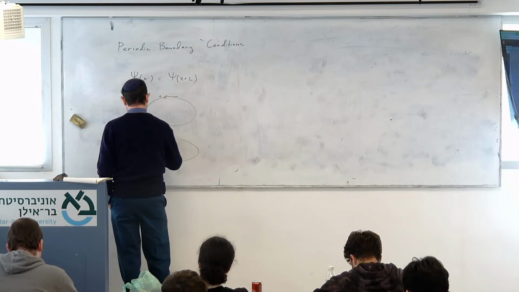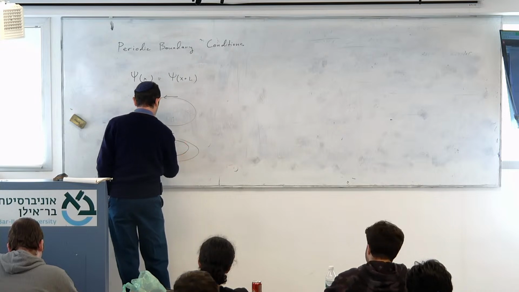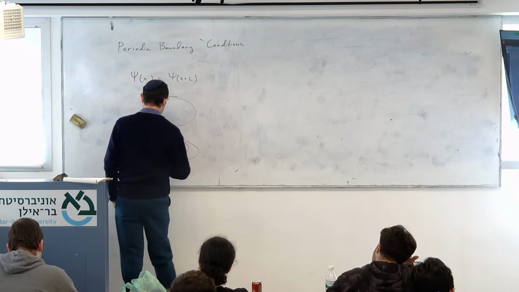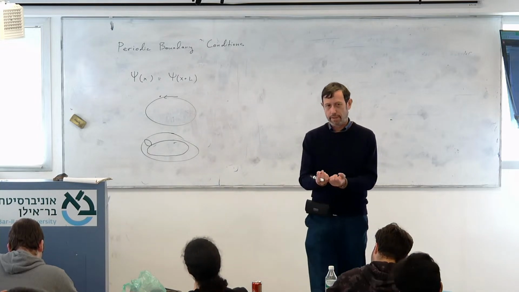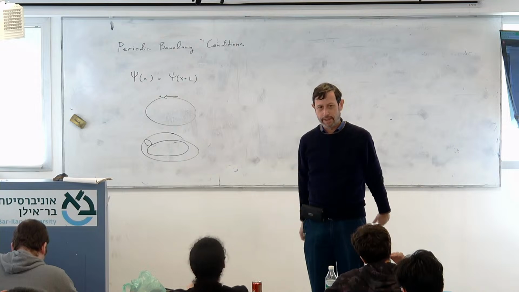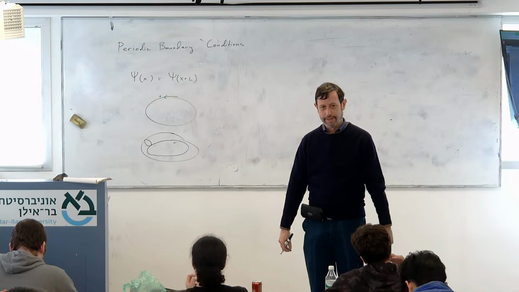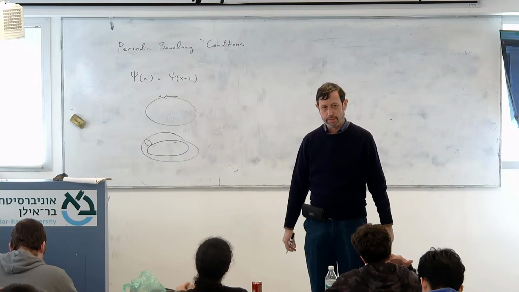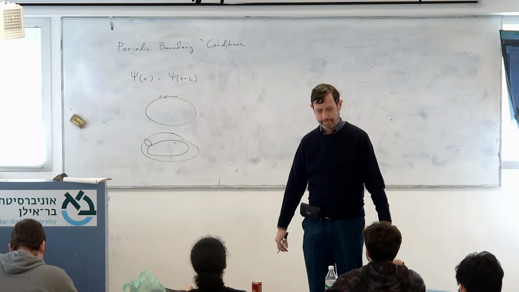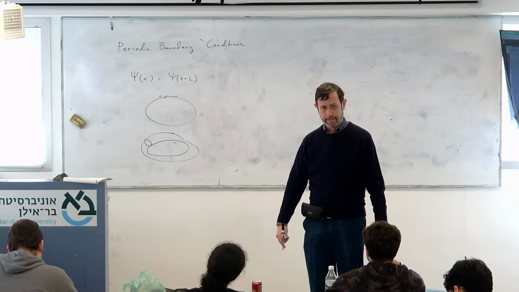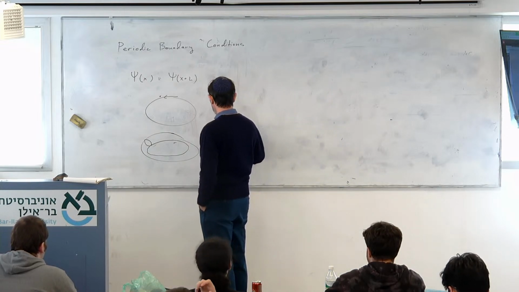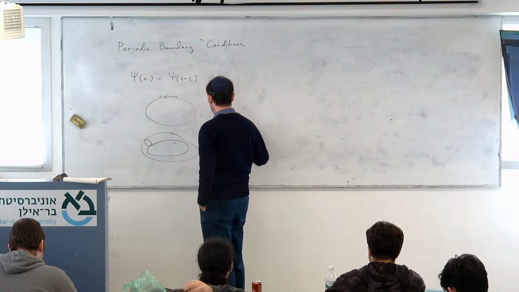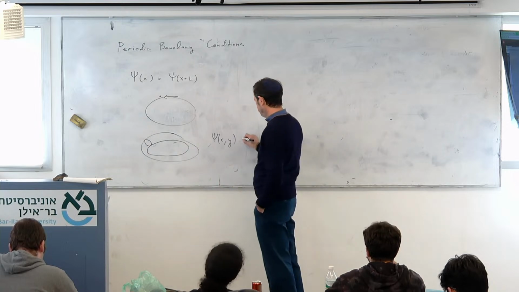That's a bit beyond my drawing abilities, but just think about a tire. Why do I mention it? Because I want to go from psi(x, y) to psi(x plus L, y plus L).